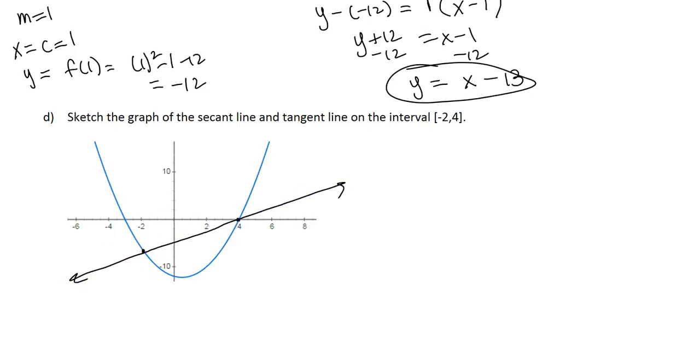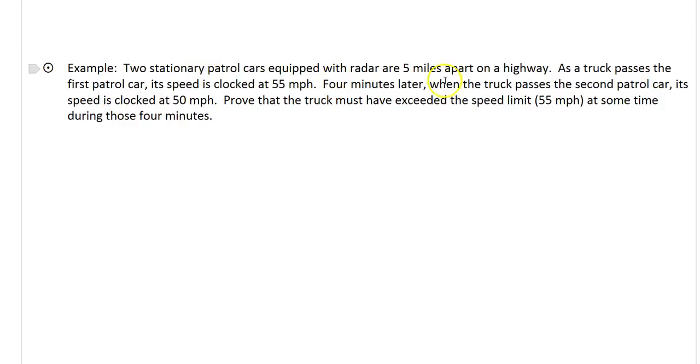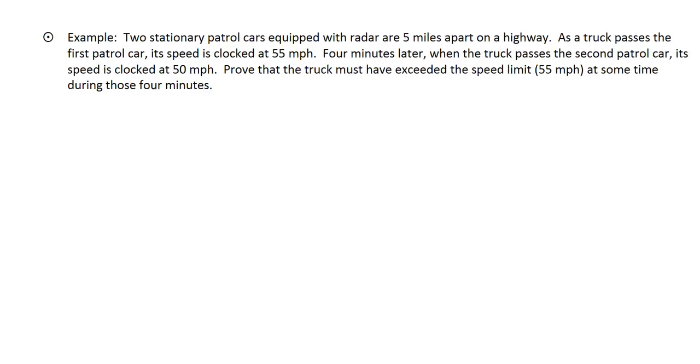My tangent line is going to go through negative 13, so roughly about here, and it's going to be at x equals 1. So it is here, and you can see that that line, if you draw it correctly, is parallel to the line that we drew above. Now, this is another interesting example involving the mean value theorem.